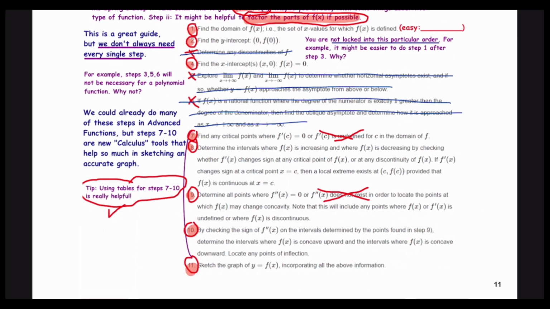And finally, sketch the graph. Tip: using tables for steps 7 through 10 is really helpful. We saw that in our previous example, and it really is helpful. It's a really useful tool to get a feeling for what our function is doing, quickly using some test values. And I think that is about it.